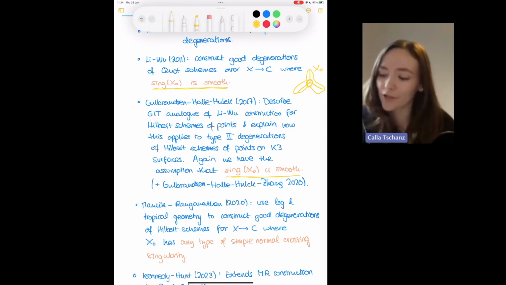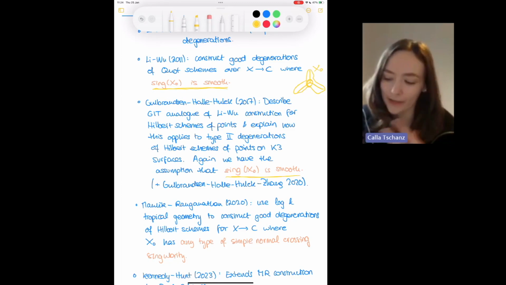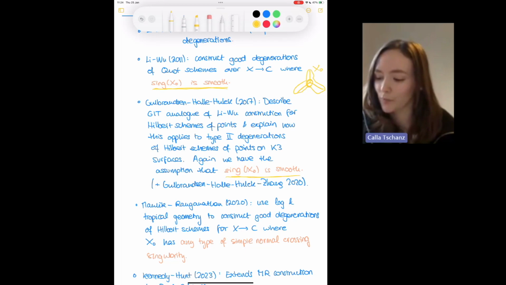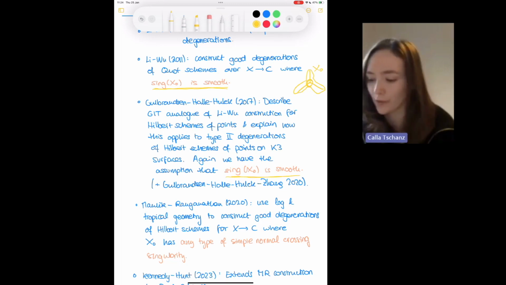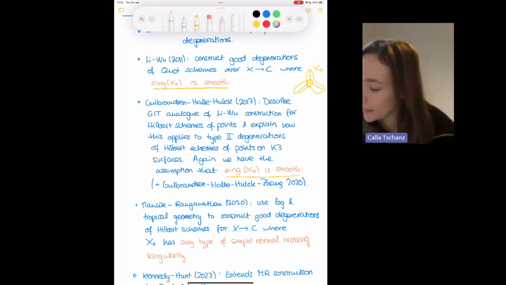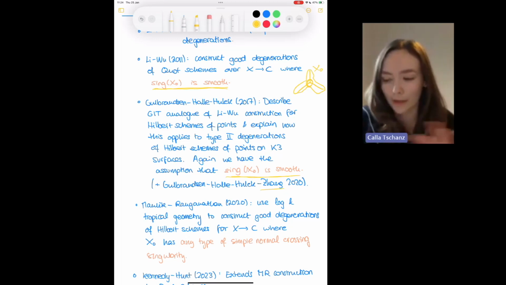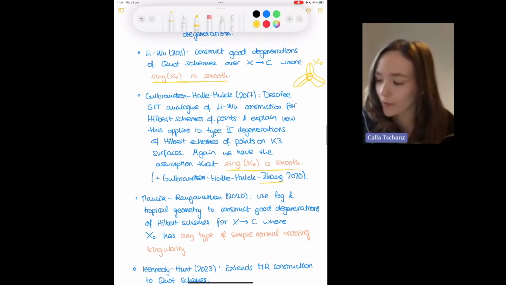They managed to show that GIT is a very nice thing to apply to this problem, and the thing that they construct ends up being the same as the Li-Wu construction. So this all works out very nicely. And they have a second paper with Yu Zhang in 2020, where they work out more of the hyperkähler perspective.